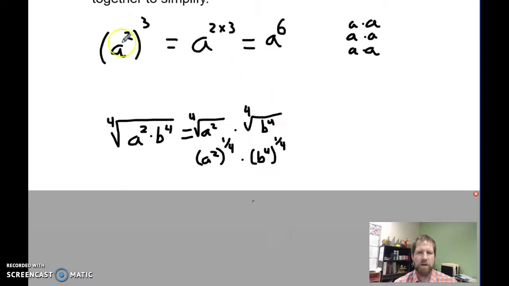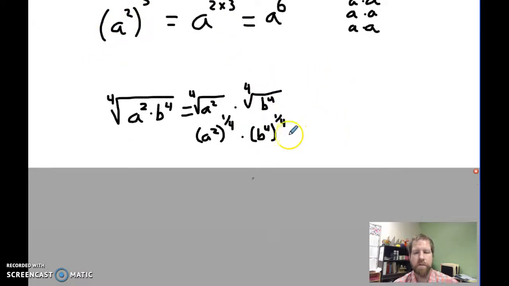And now my property of exponents starts to kick in and be really useful, because in this case, 2 times 1/4 would be 2 over 4, or just a to the 1/2. So I'm going to have a to the 1/2 times, well, b to the 4th times the 1/4 is going to be 4 over 4, or just b to the 1st, or just b.